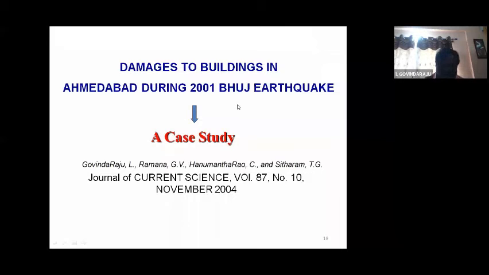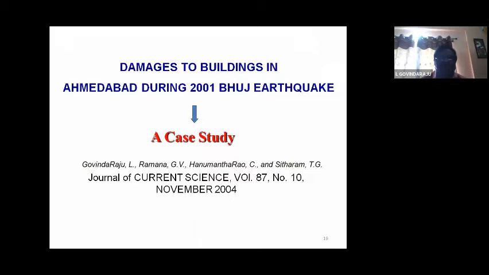So we wanted to explore what is the reason for the damages to buildings in Ahmedabad during the 2001 Bhuj earthquake. Soon after the earthquake, the whole research community, from all IITs and many other institutions, even some experts and researchers from abroad, visited the site and conducted postmortem studies of these buildings, including the bridges and dams, in the entire state of Gujarat.